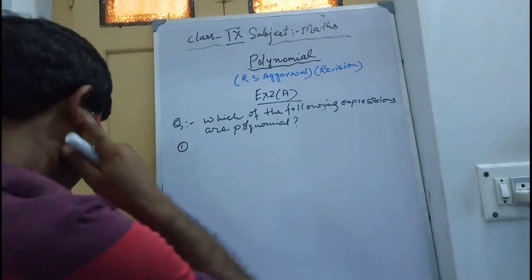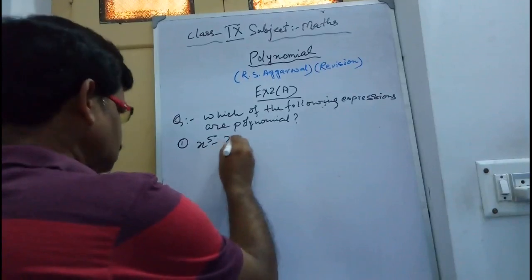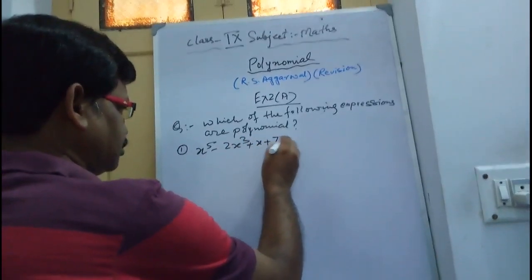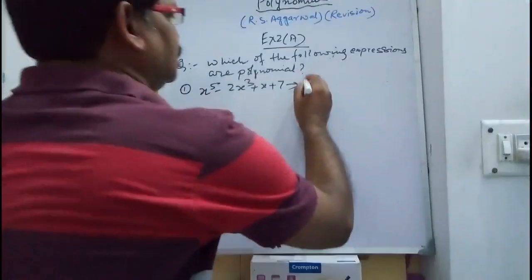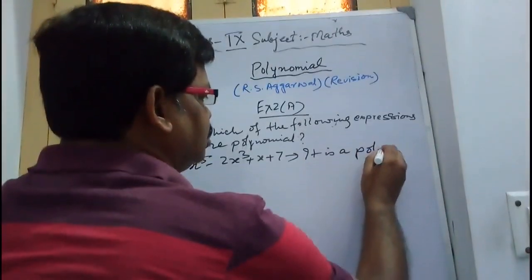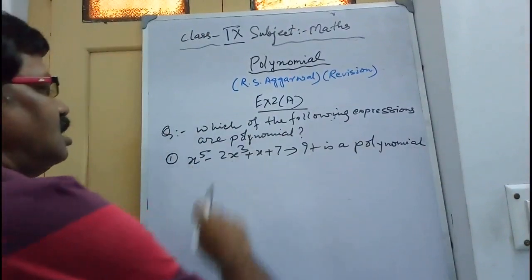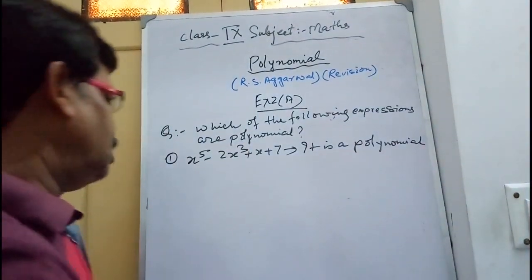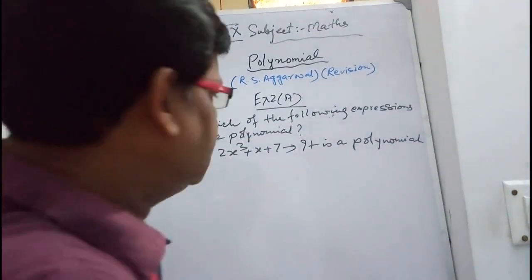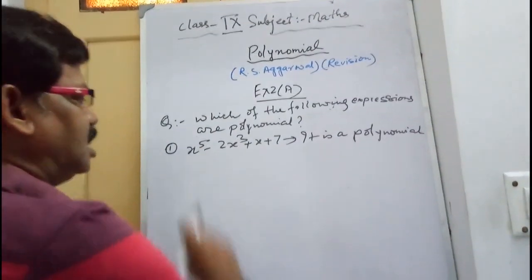One, x cube minus 2x cube plus x plus 7. It is a polynomial because non-negative integral powers are present, that is 5.